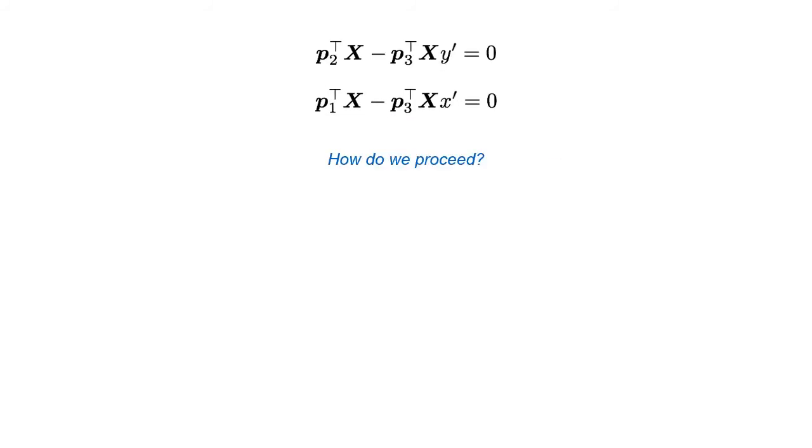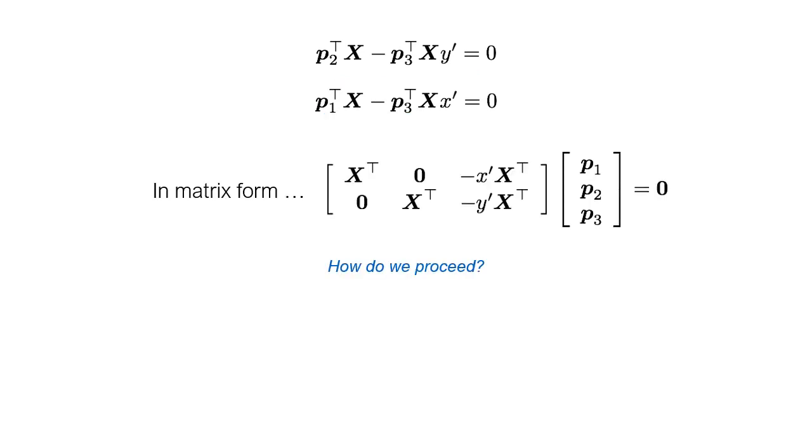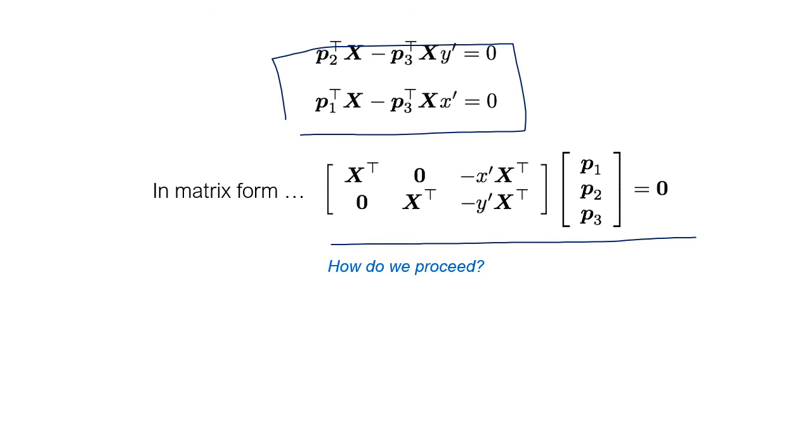Okay, now we have these two linear equations. So how do we proceed? We can rewrite these linear equations in matrix form, as you can see. It is the same as the camera matrix, P1, P2 and P3, but vertically concatenated.